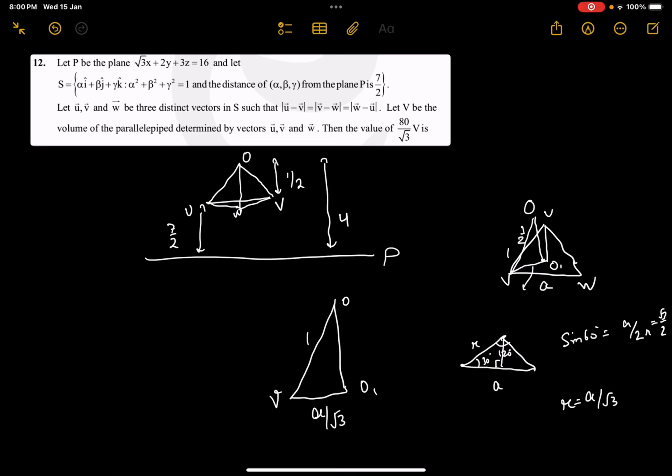And OO1 is half the height of O from triangle UVW. So by Pythagoras theorem, we'll have A square by 3 plus 1 by 4 is 1, which gives us A square by 3 equals 3 by 4, which gives us A is 3 by 2.